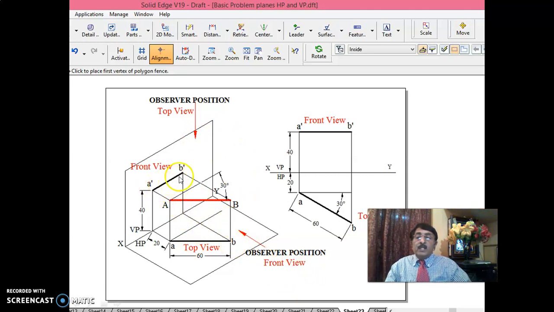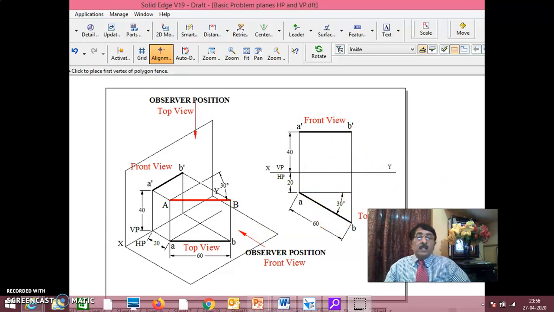The front view will be A dash B dash, the top view will be AB. Now, in this problem, I know very well that the top view is this AB and the front view is A dash B dash. A dash B dash and AB have to be written, and they are the front view and top view, they are the projections. That is, writing projections is called writing the front view and top view. Now you see here.